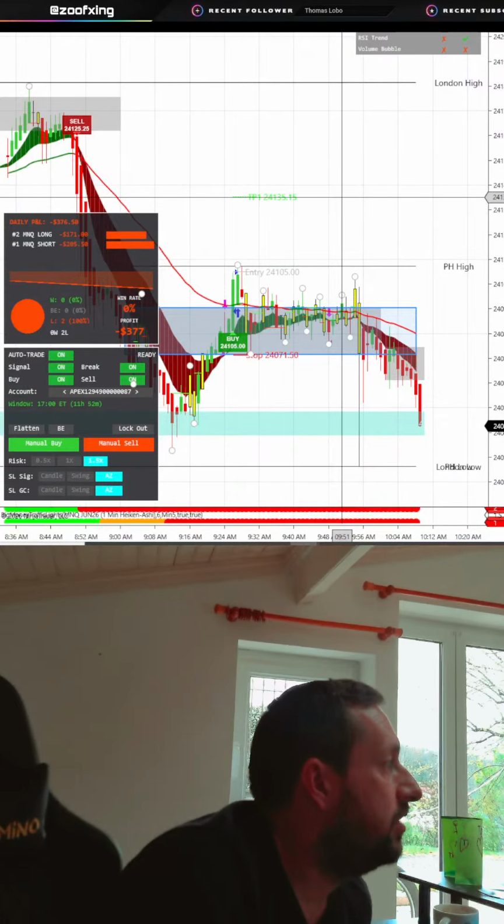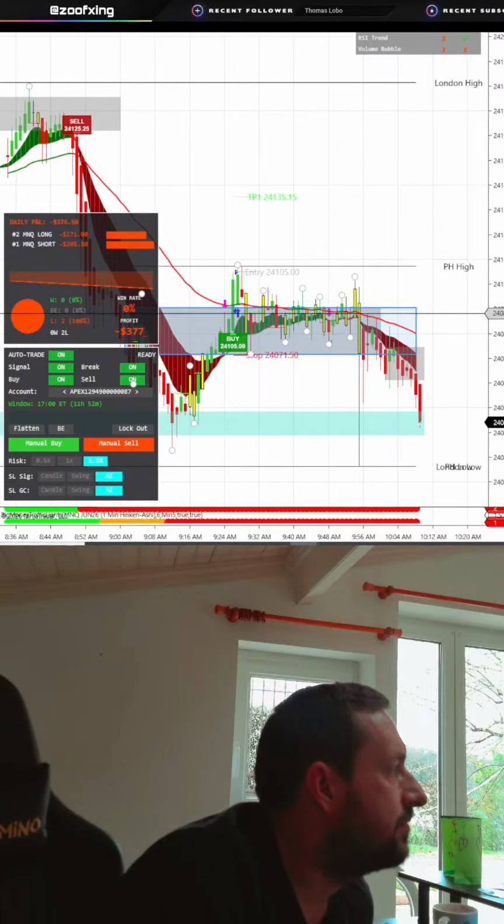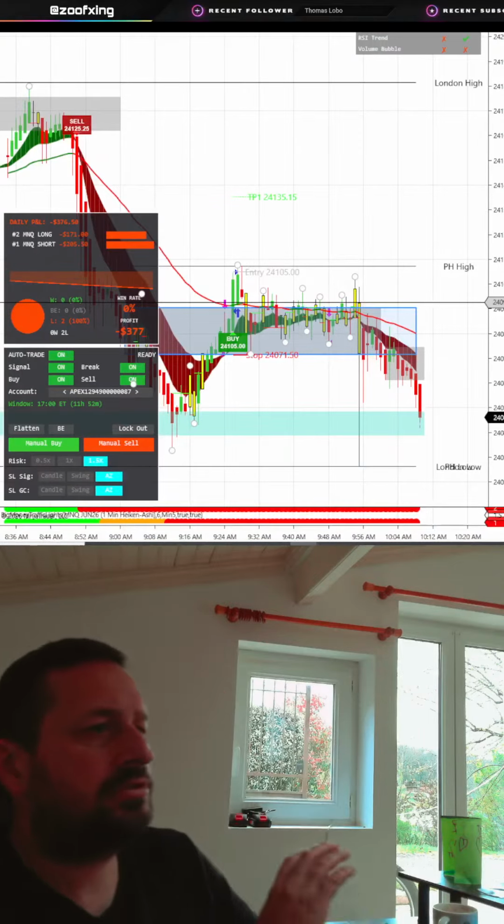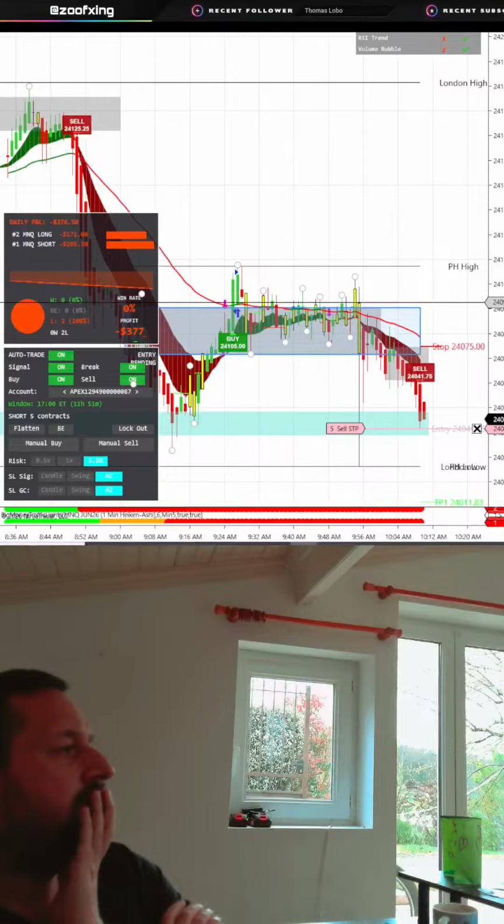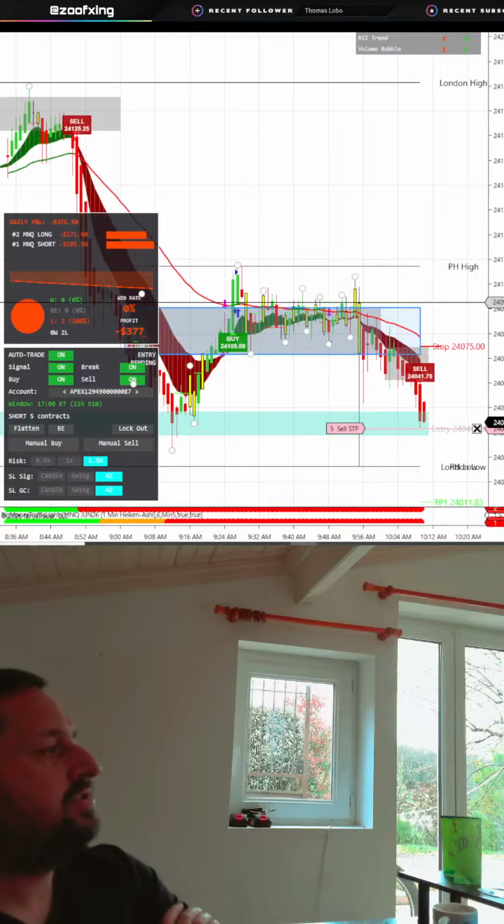Let's see whether we get volume. There's a big candle. There's a signal. There's the entry.